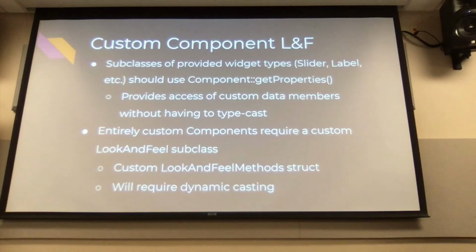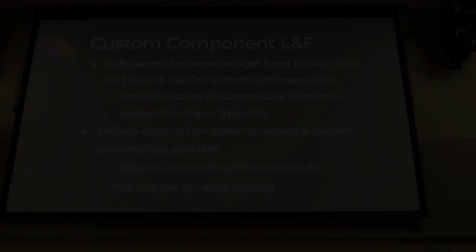The easy way without having to typecast, which isn't really that bad, but it does rely on me having to cast this to my slider class and then make sure that that actually was what it was and doesn't return a null pointer. Instead of doing all that, you can just use the properties map from before. So if it has a property like my custom slider thumb.